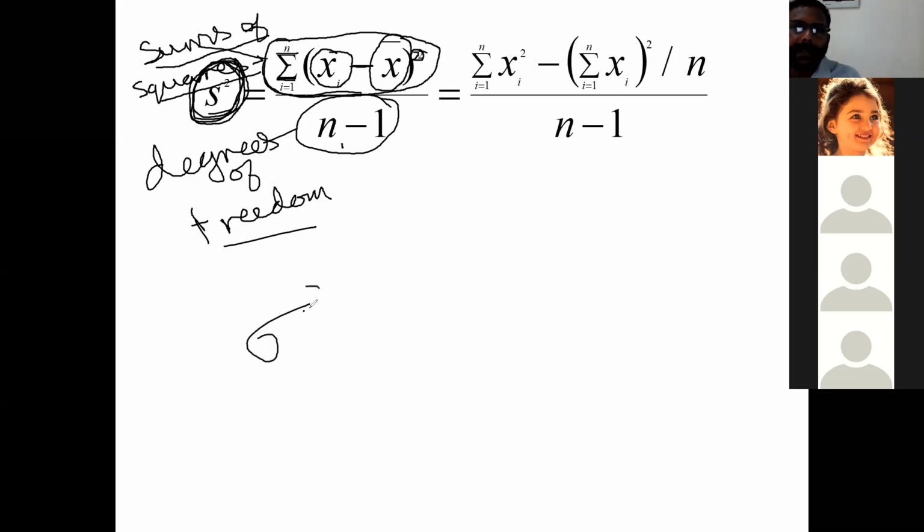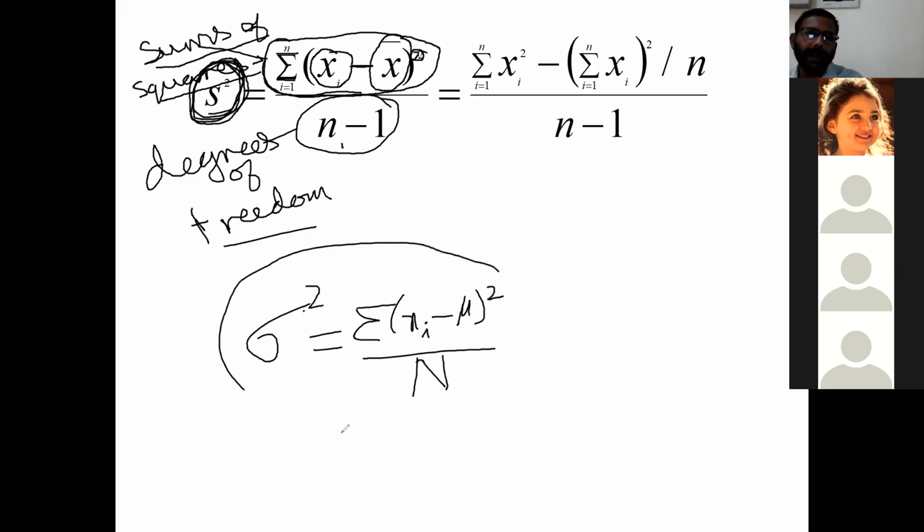Population variance is given as summation of xi minus, what is the mean? How do we write the population mean? Mu, squared, divided by capital N. So this is how we write the population variance.